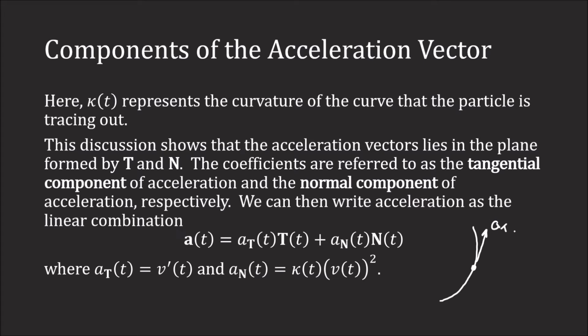Which is itself a magnitude. So it's not measuring direction. That's what this T does. This T is measuring the direction. The normal component is the component that is perpendicular to this tangential component. So it's typically towards the center of the curve. And again, this a sub N measures the magnitude of this component. Again, the direction is given solely by that N.